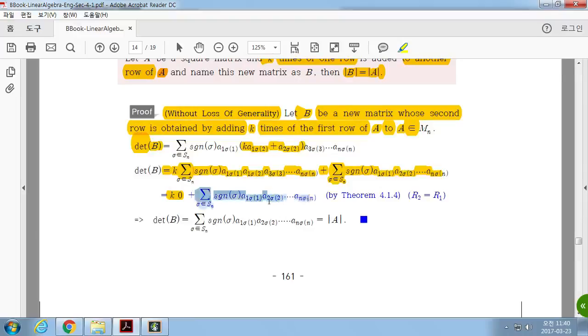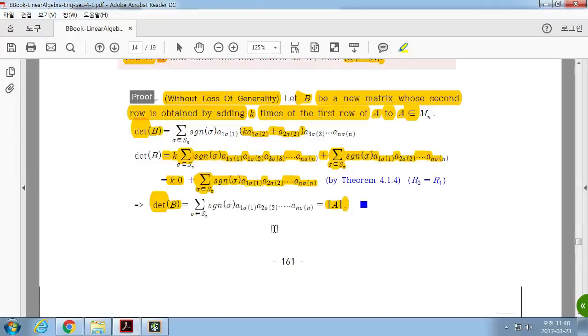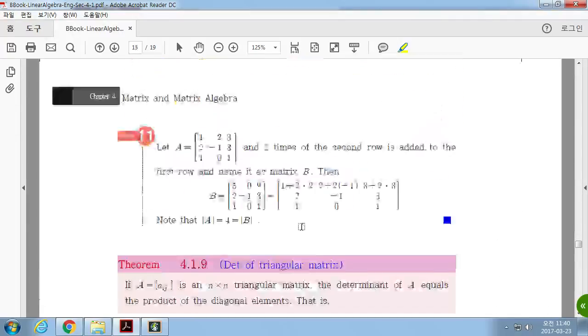This is the determinant of A. You see? So the determinant of B is exactly the same as the determinant of A. So the third type operation does not affect the determinant.